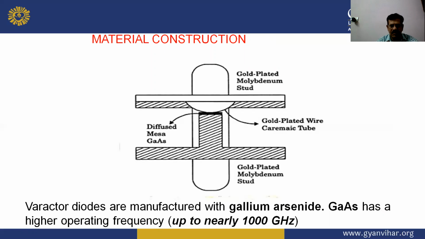In the construction of the varactor diode, we see here there is a gold plated molybdenum stud, and below this there are gold plated wire ceramic tubes, and there is also a diffused mesa gallium arsenide. Also at the bottom part a gold plated molybdenum stud is there. So this is the construction of the varactor diode.